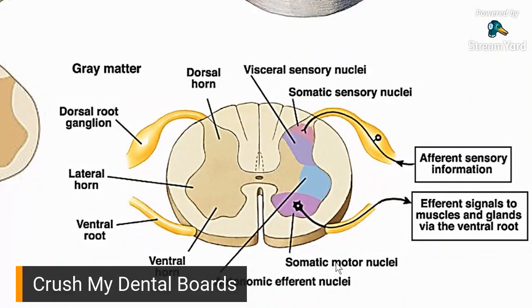So anterior horn, ventral horn, that's where the motor nuclei is. That's where the motor efferent, remember, sensory afferent, motor efferent. Okay? So motor efferent nerves will be coming from your AVM, anterior, ventral, motor.